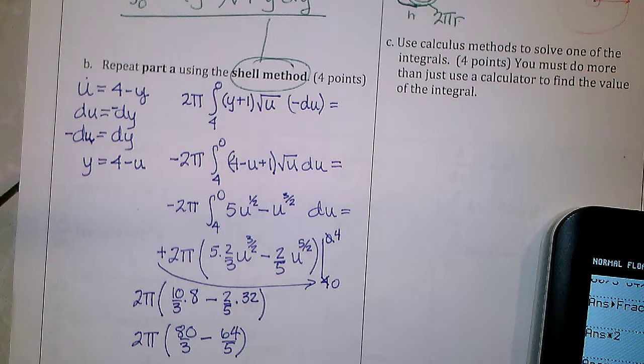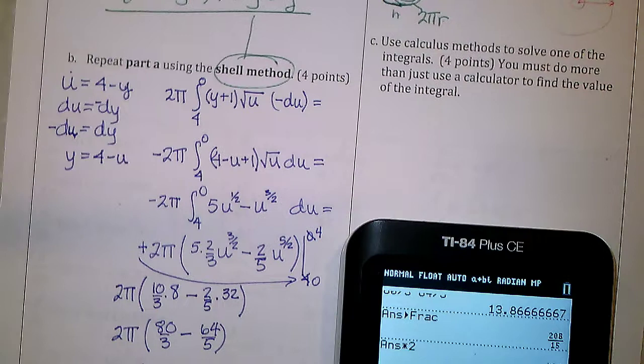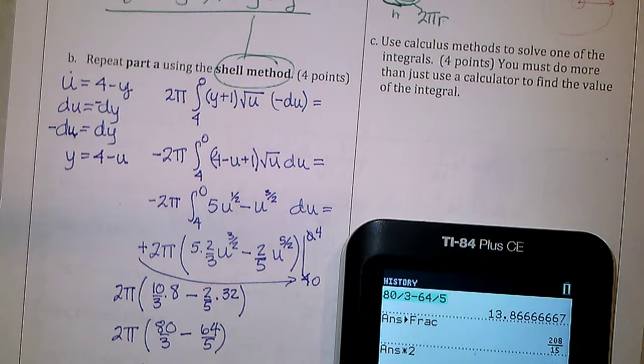Where did I make an error? 80 thirds minus 64/5 times 2 pi. Did I type something wrong here? Let's go back up. 80 thirds minus 64/5. Okay, I think that's right.